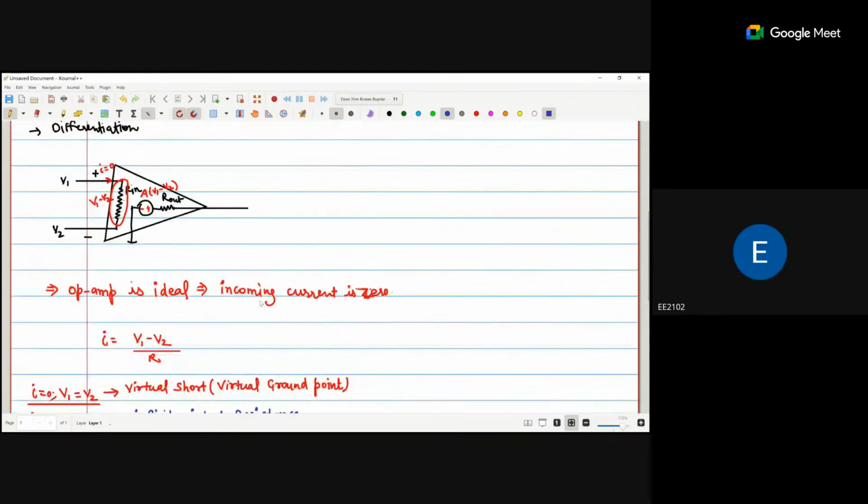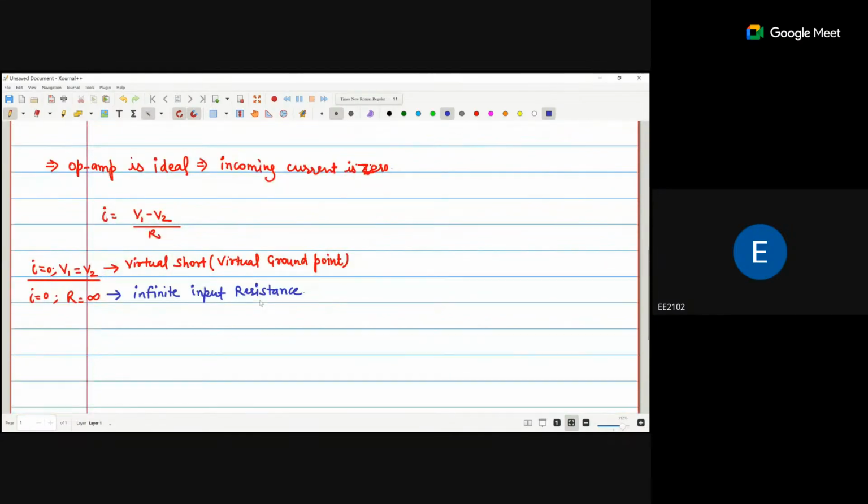So these two scenarios we generally take. So the op amp always has infinite input resistance.